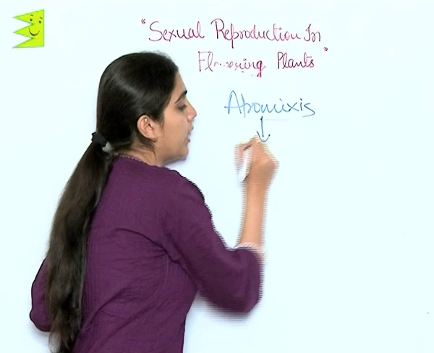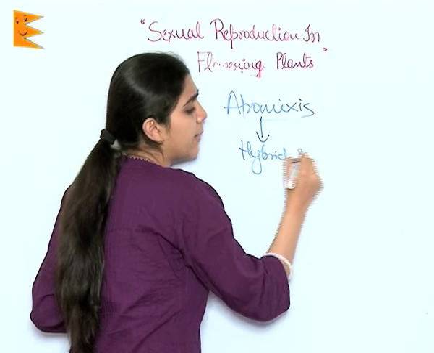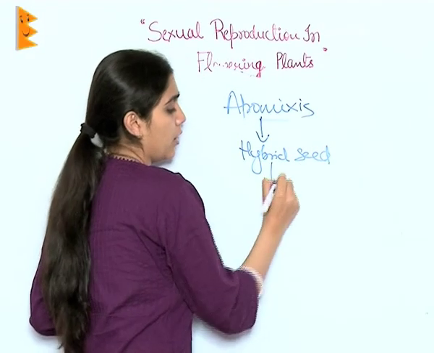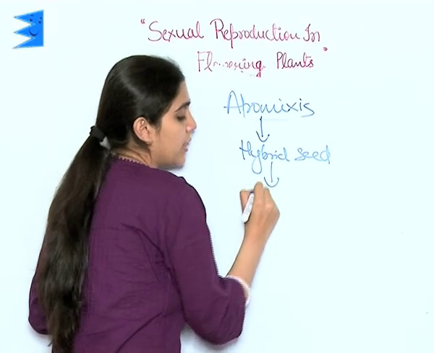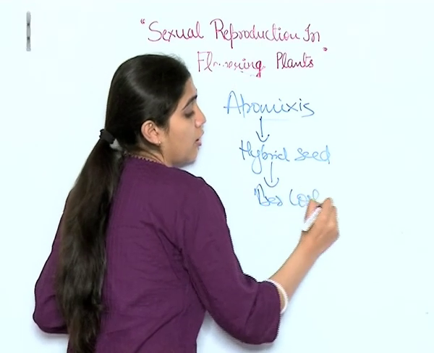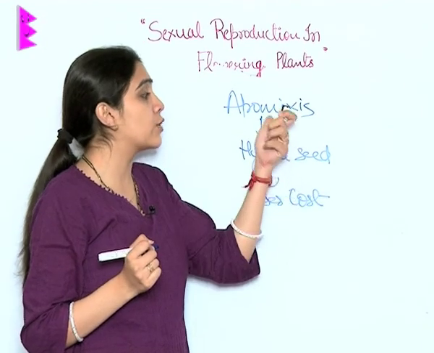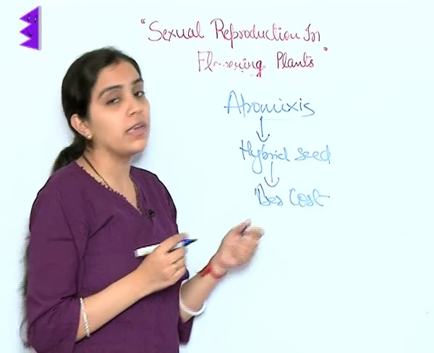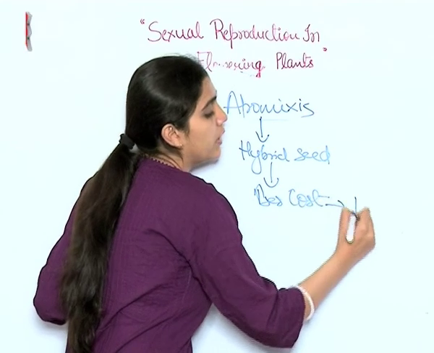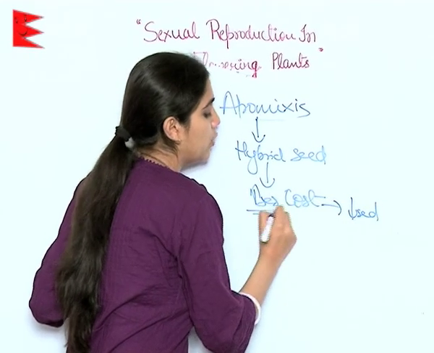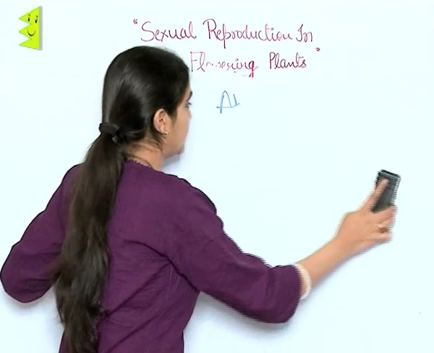Hence, we have to make the hybrid seed again, because seeds from the progeny cannot be used. This raises the cost. So we can make hybrid seeds through apomixis, which can be used again and again, so that the cost is reduced. So this is where apomixis can be used.